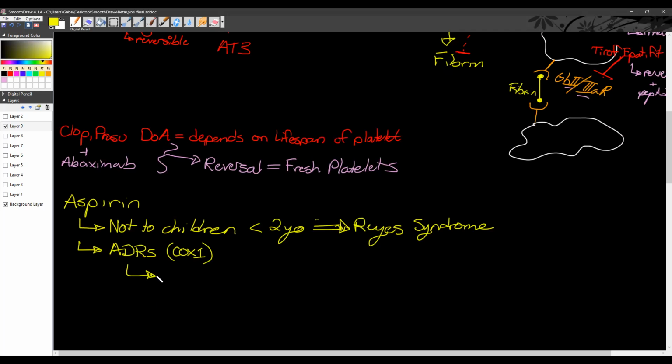So the decrease in mucus production plus the increase in acidity in the stomach means that we can produce ulcers. What is another potential adverse effect of aspirin? Yep, toxicity. 100%.